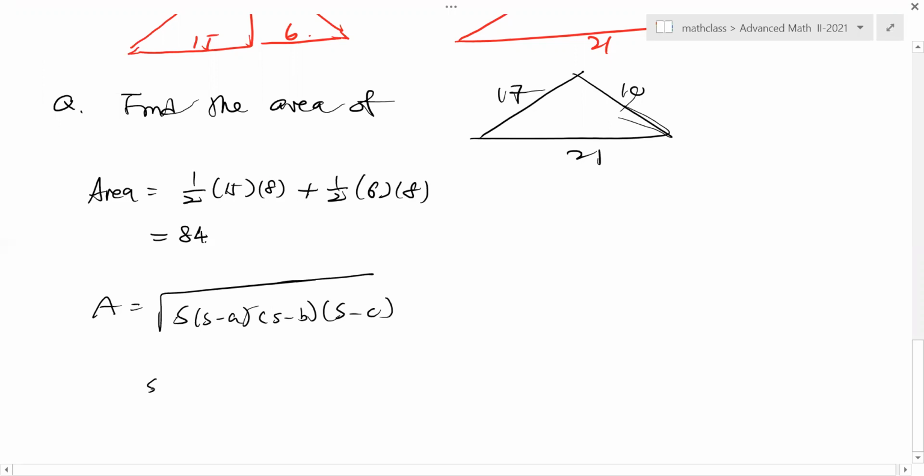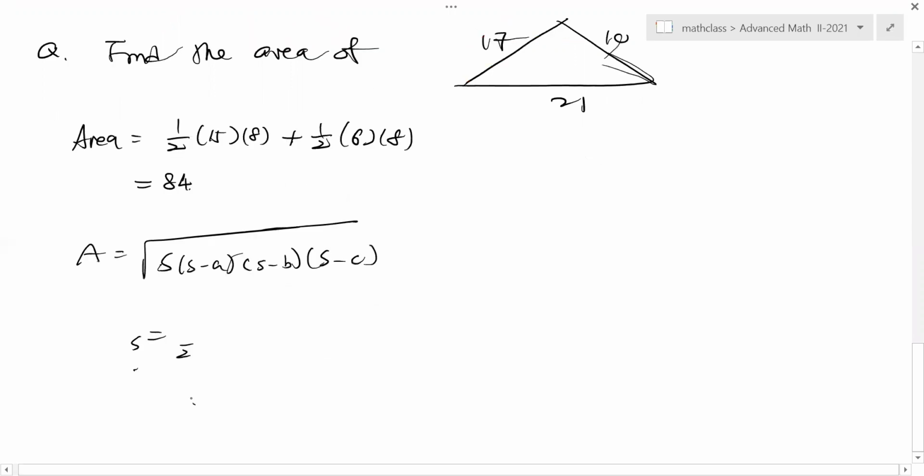S is half of the perimeter. So 17 plus 21 plus 10. Okay, so you will get 21 plus 17.